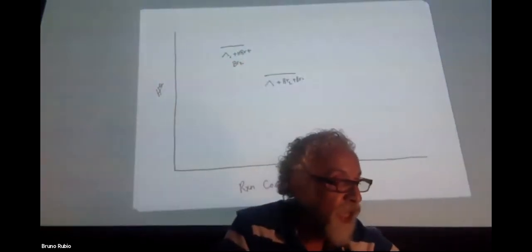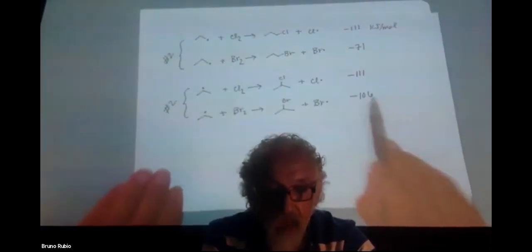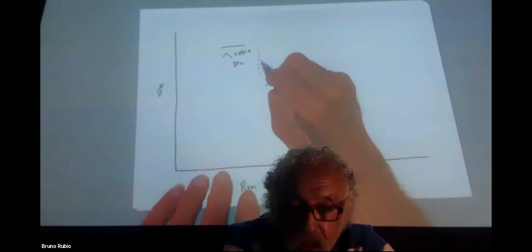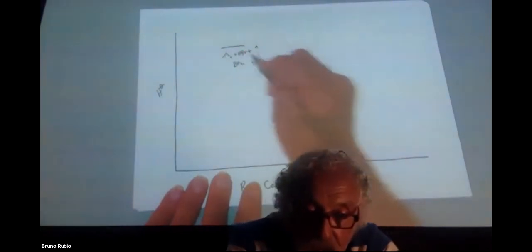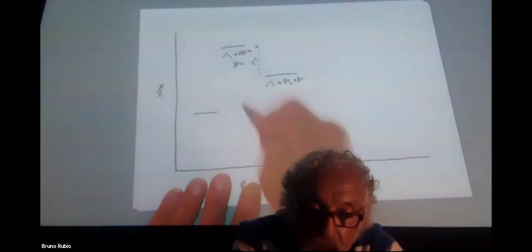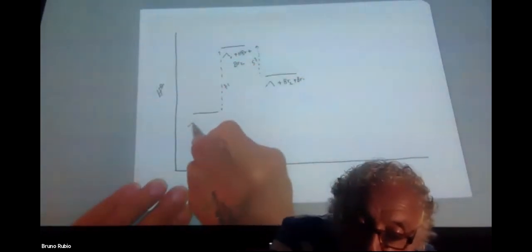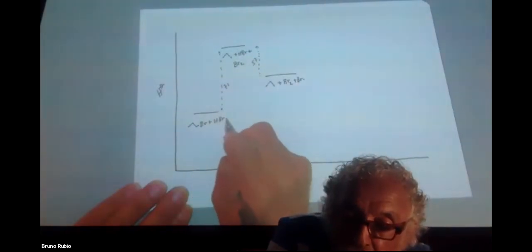And then in the second propagation step, where are my numbers? Second propagation step, I'm going to go down by 71. So this distance here, that was the 57. Now I'm going to go down by 71, down to here. That's going to be the 71. And here I have my 1-bromopropane plus HBr plus Br dot.